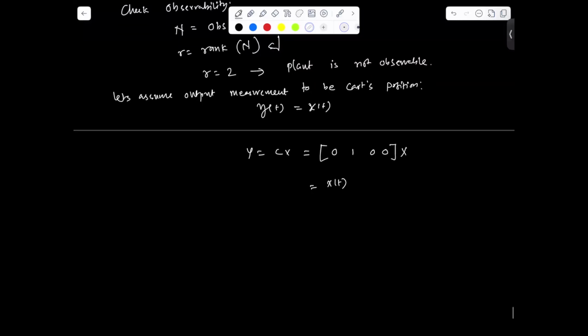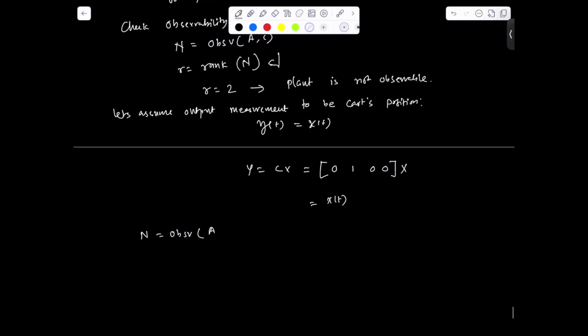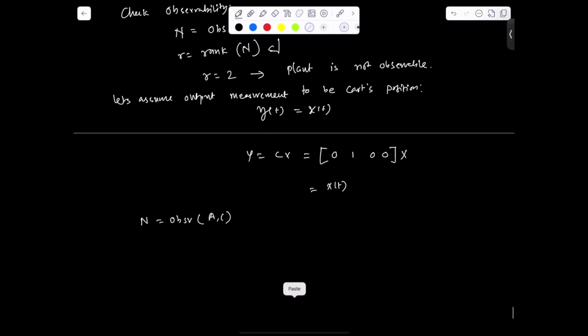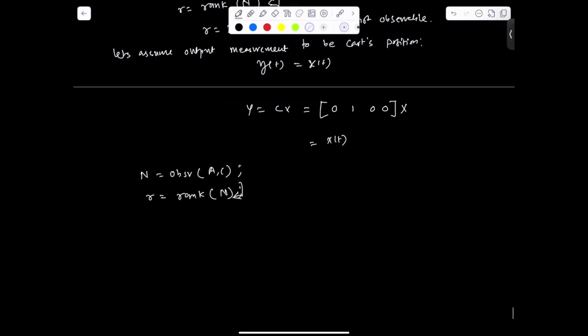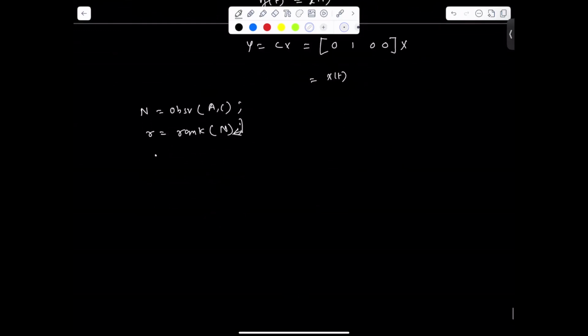Let's find N: if you write obsv(A, C), and if you find R equal to rank of N and enter it in the command window, we get R equal to 4. So now the system is observable. It's full rank. The system is observable.